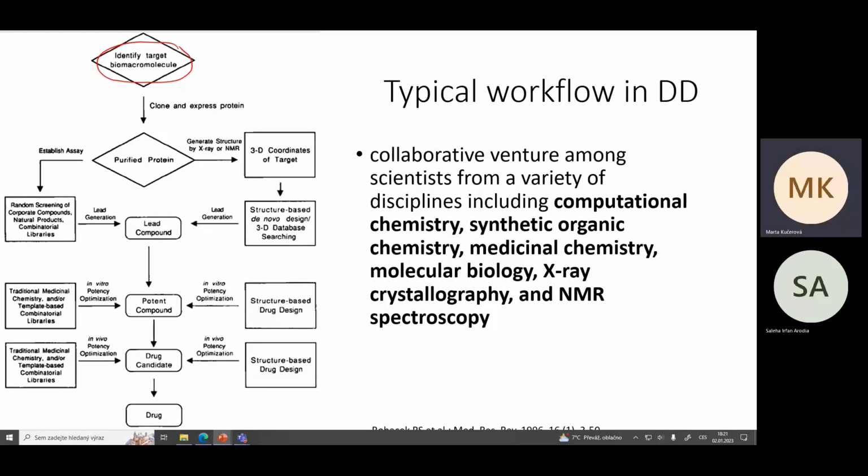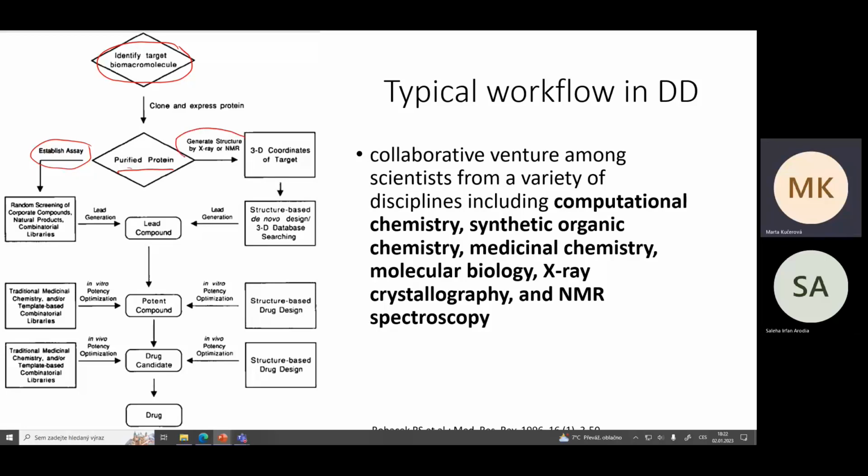It is necessary to clone the target, which is usually a protein, to express it and to get it in a purified form. And in the laboratory, we have to establish an assay which helps to test the compounds, if they are active or inactive.